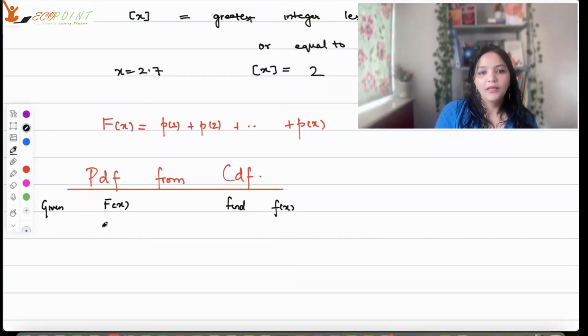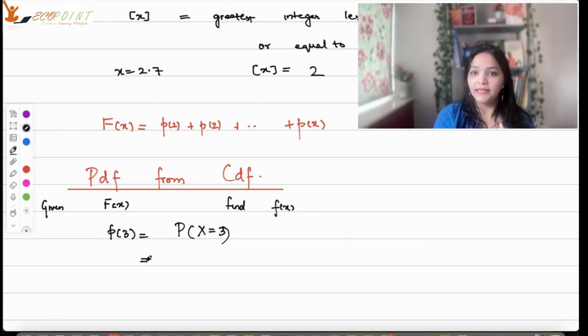Suppose I want to know the probability when x is taking value 3. So that is P3, or probability x is equal to 3. Now suppose I don't have the PMF, but I do have the CDF. So I know that I'm given a formula with which I can figure out the probability till 3.